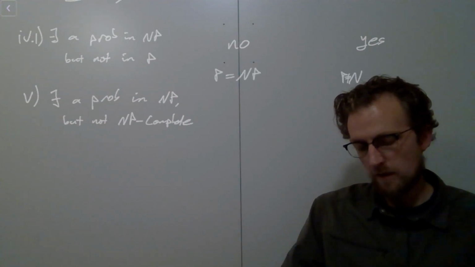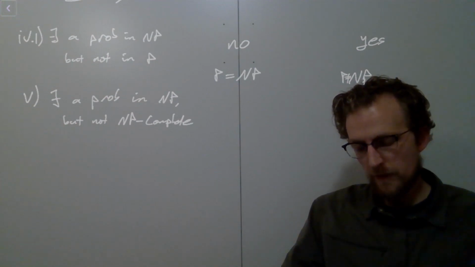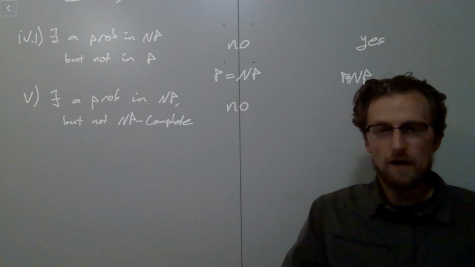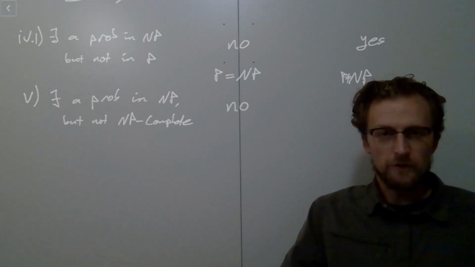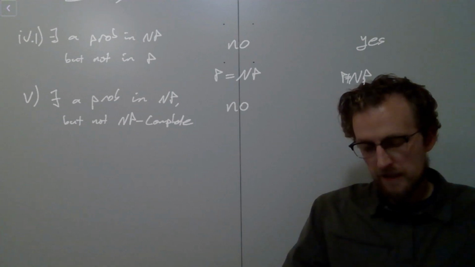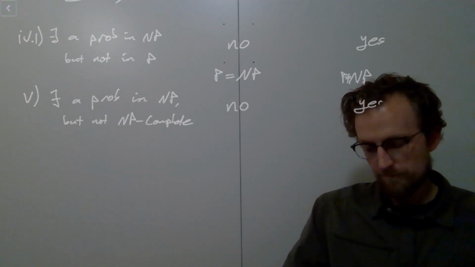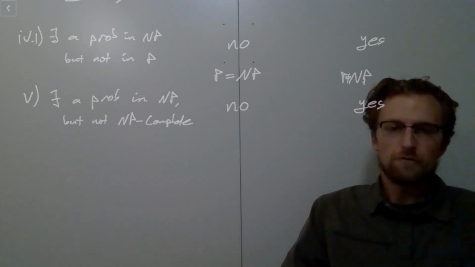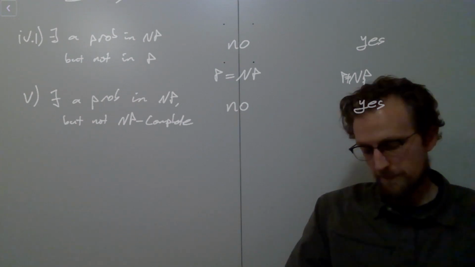P does not equal NP. So if P equals NP, then the answer is no, because every problem in NP is NP complete if P equals NP. And if P does not equal NP, then the answer is yes, because then there are problems in NP that are not NP complete. For example, every problem in P.